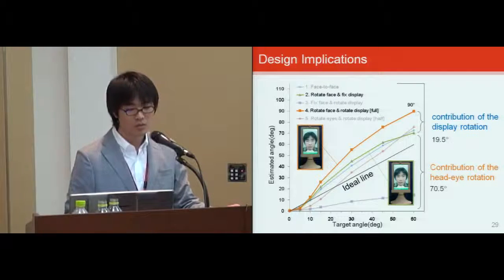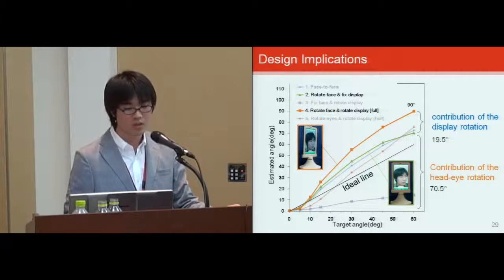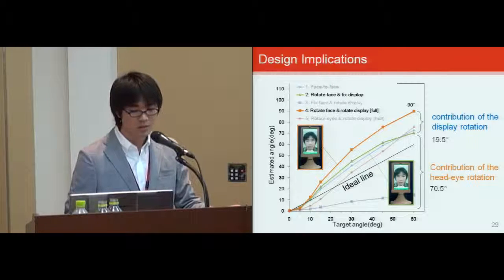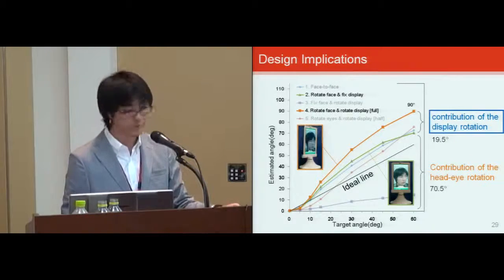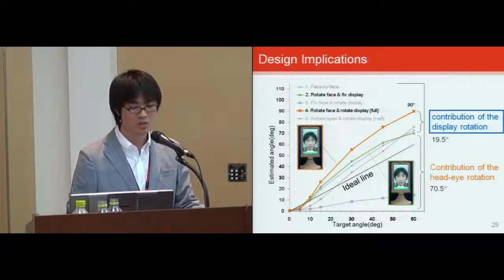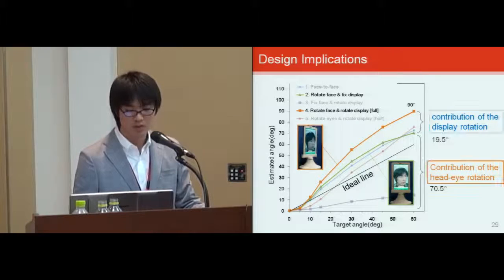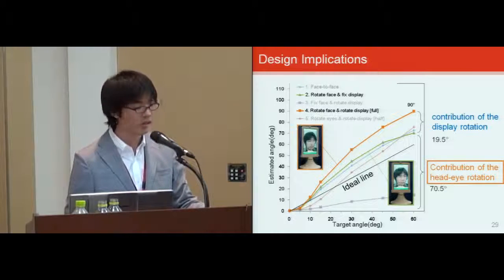First, let's compare condition 2 and condition 4 again. Let's assume that the difference between these conditions is the contribution of display rotation, and the result of condition 2 is the contribution of the head-eye rotation.